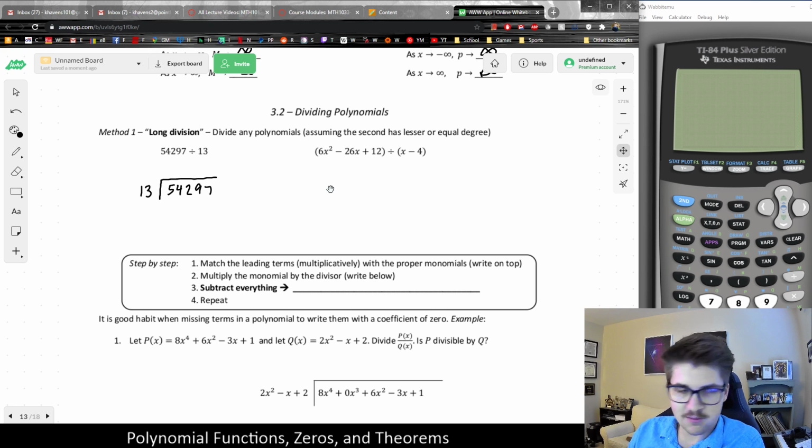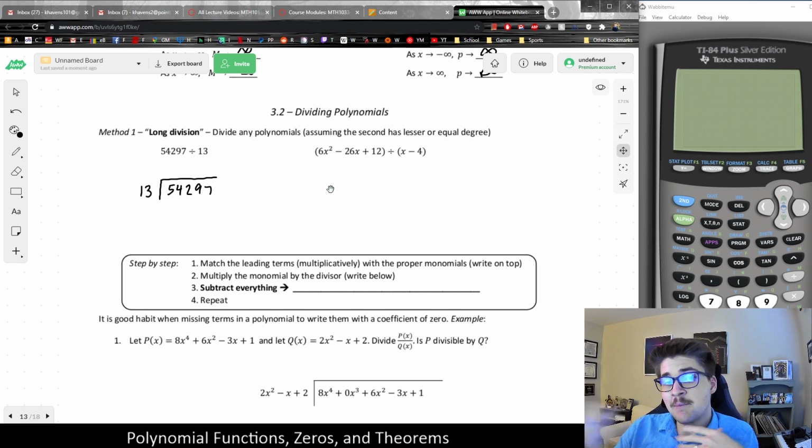I'm assuming you know how to divide, but I want to focus on terminology and implications, because all of the terminology is the same for polynomials as it is for numbers. The goal is to figure out how many times this one goes into this one.